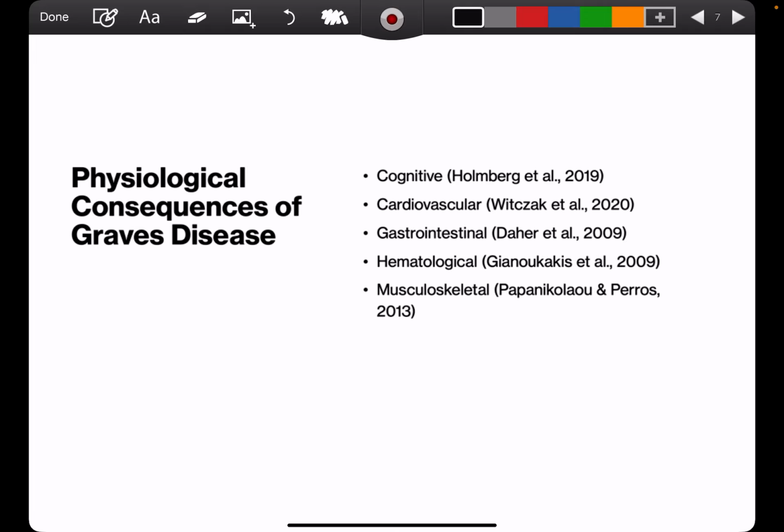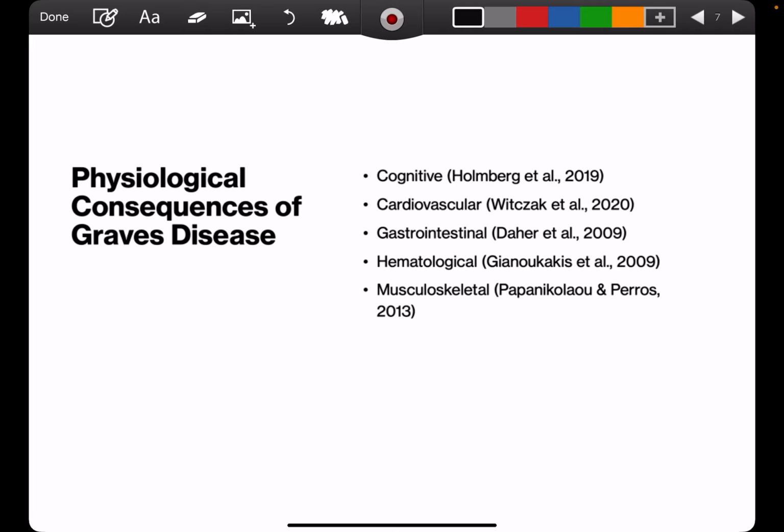In Giannakakis et al., they found that of the 87 subjects they were studying, 33% had anemia related to Graves' disease. And there's an inverse correlation between erythropoietin and hemoglobin. I'm sorry, thyroid hormones often stimulate erythropoiesis, increasing red blood cell mass.